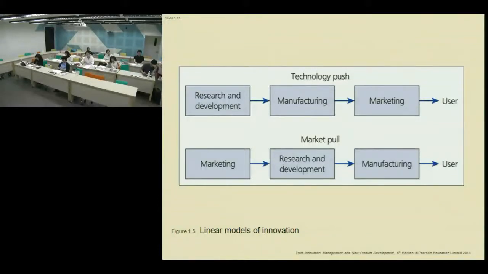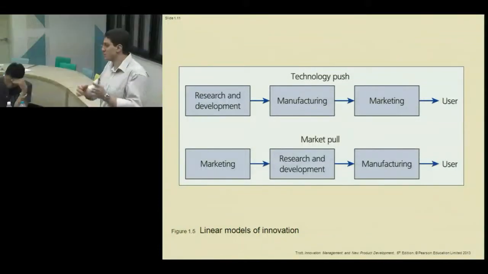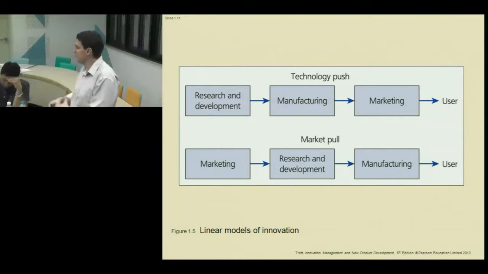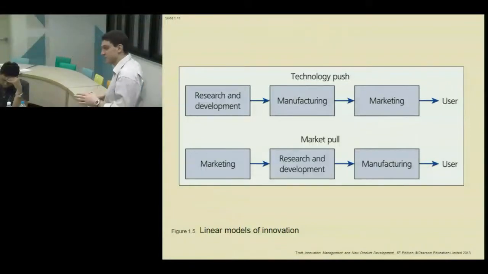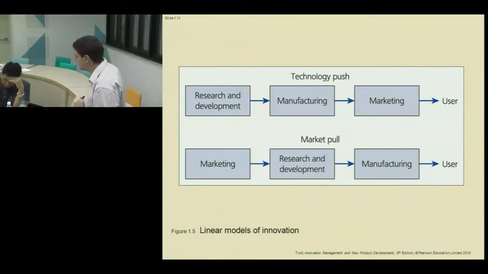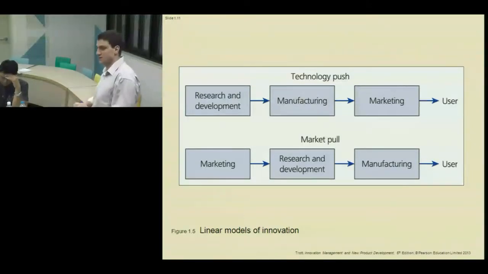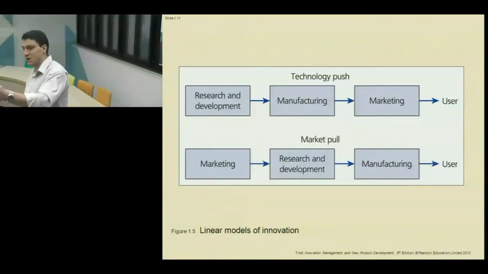So that's the concept. From the concept, we go to the manufacturing process, and from the manufacturing process, we have the final outcome. And what do we do with that? We push that. That's why it's called technology push. We push what we have created to the market, to the final user.